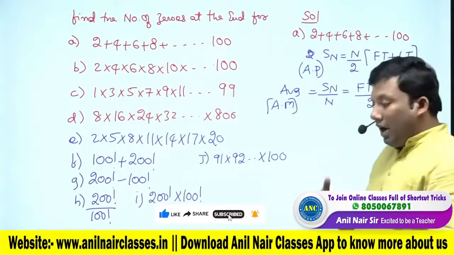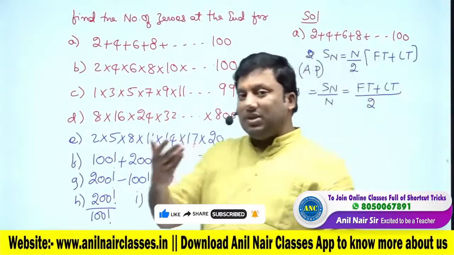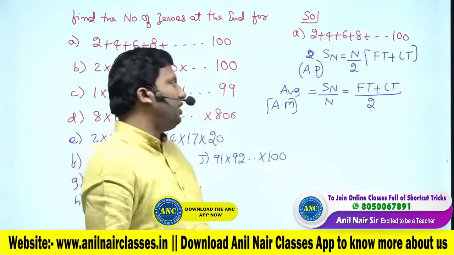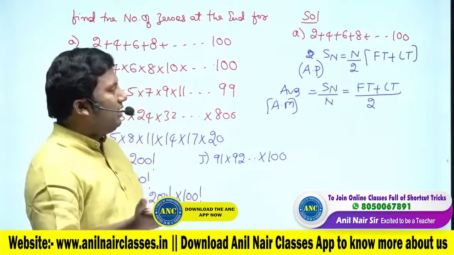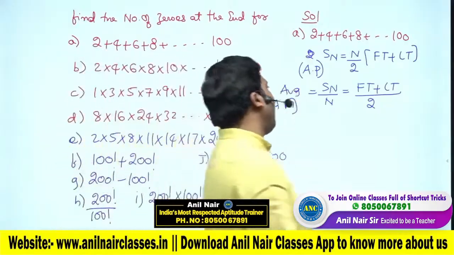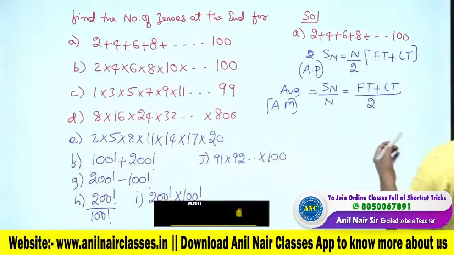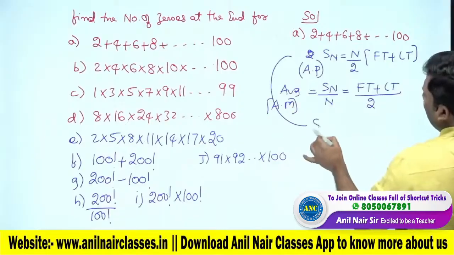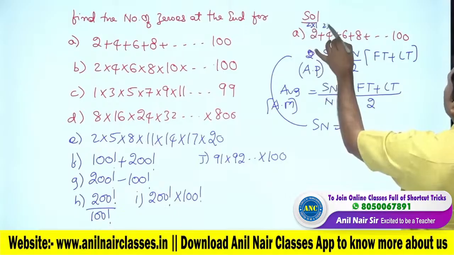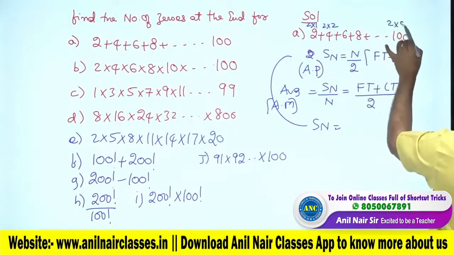What is an AP series? If the series has a common difference same, then it is an AP series. Sum of n terms in AP is n by 2 into first term plus last term. If you don't know, you can derive it by the definition. So, if I use this concept, Sn is n by 2. 2 ones are 2. 2 twos are 4. 2 50s are 100.